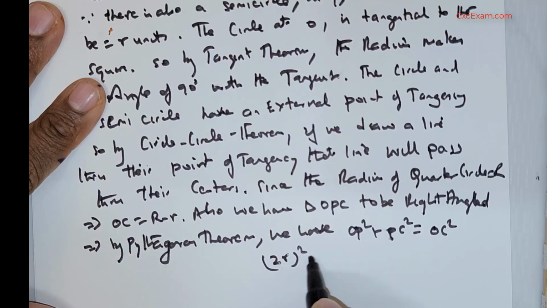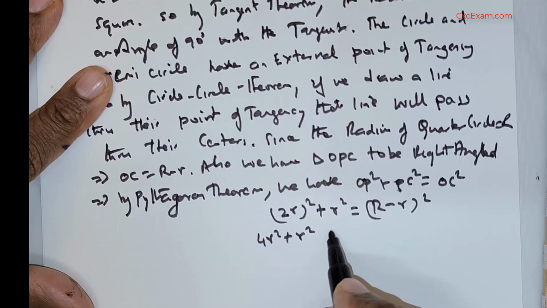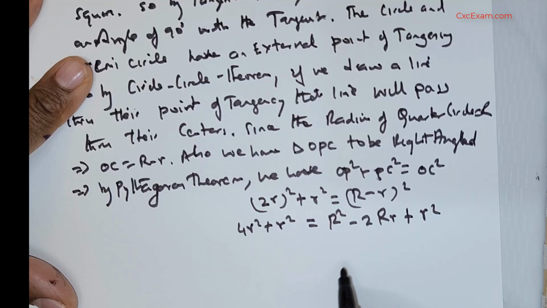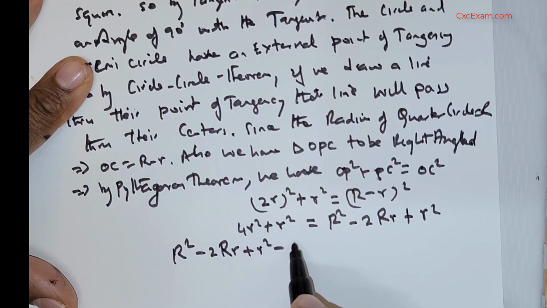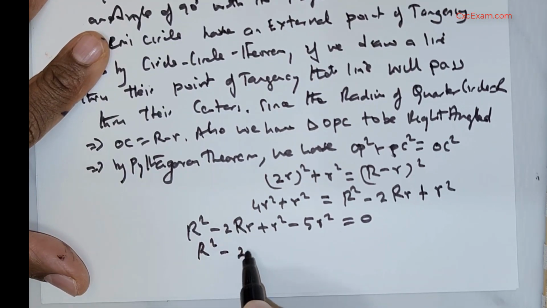So 2 times r squared plus PC squared is r squared, and OC is capital R minus r squared. So this is 4r squared plus r squared is equal to capital R squared minus 2 times capital R small r plus r squared. Now I bring everything to this side, this is capital R squared minus 2 times capital R small r, this is going to be negative 4r squared is equal to 0.